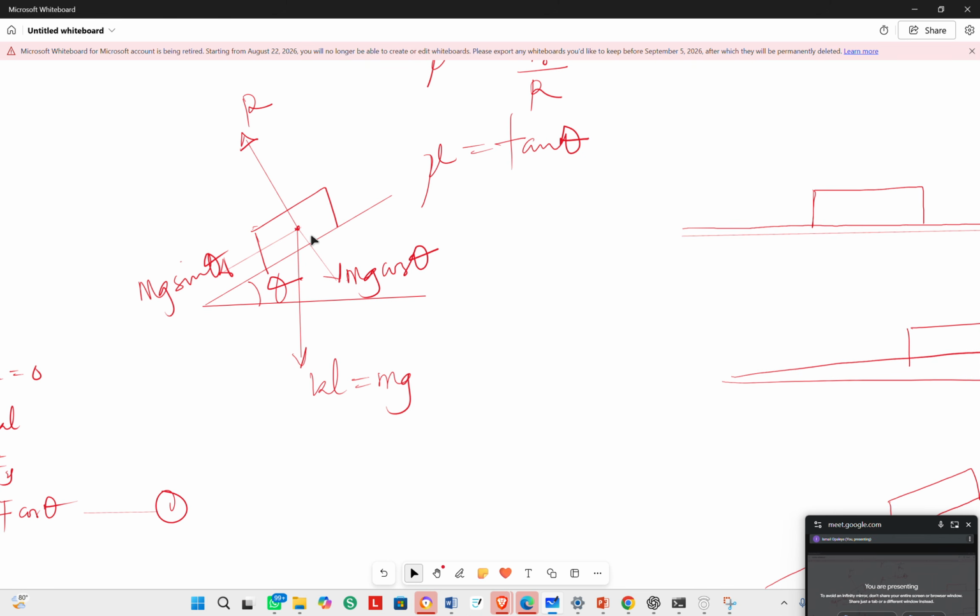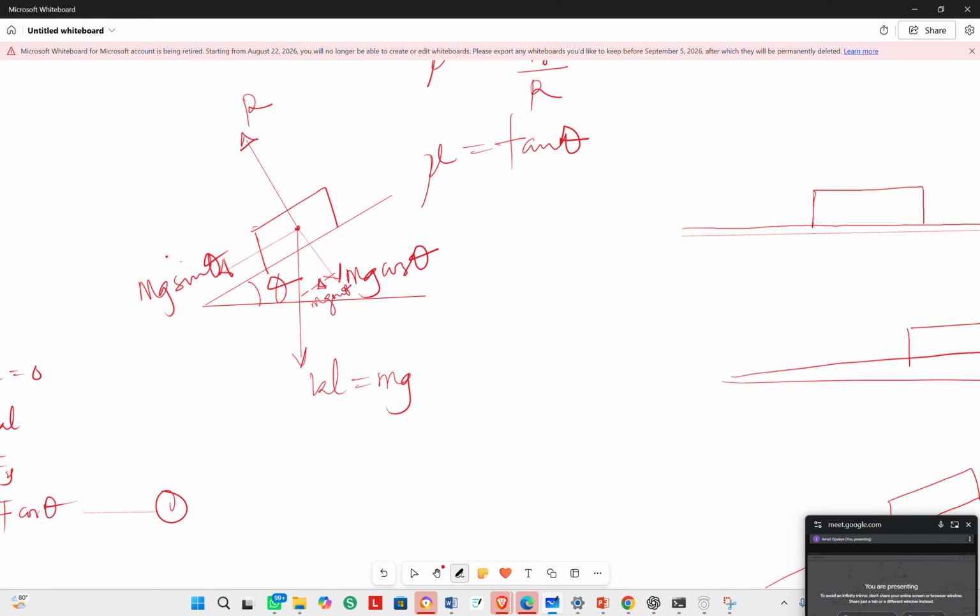So this one acting here is mg cos theta. This weight here is mg. This one acting straight down is mg cos theta, and the equivalent one, which will be acting this way, is mg sin theta.